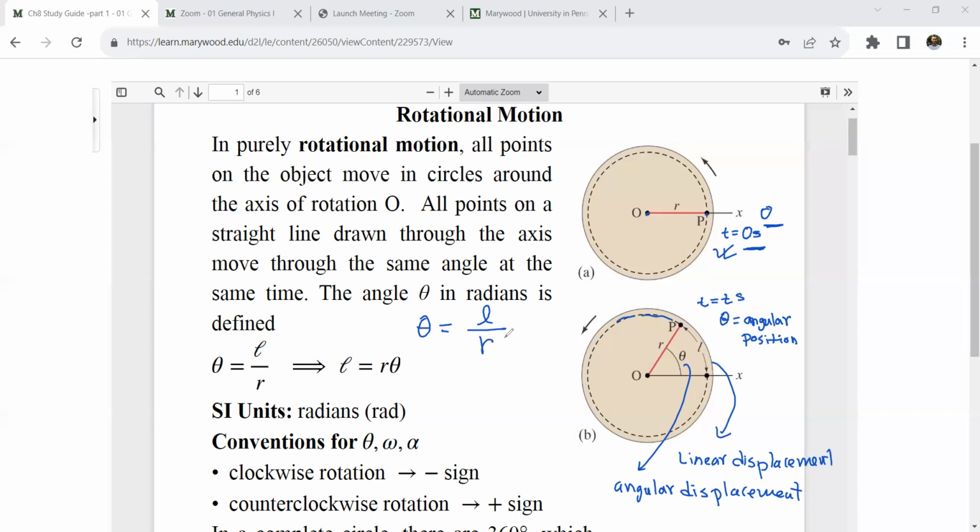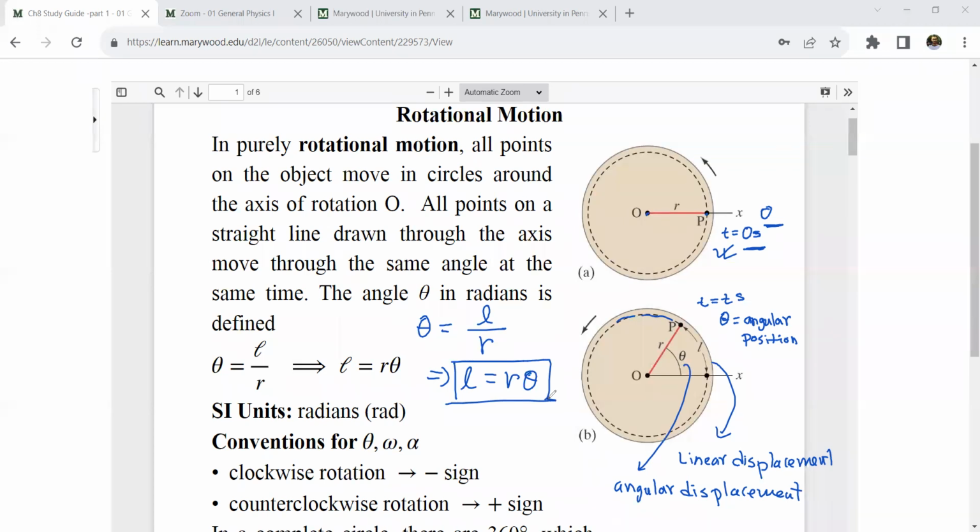If you simplify it, you can write L equal to R theta. This is the relationship between the linear displacement and angular displacement.